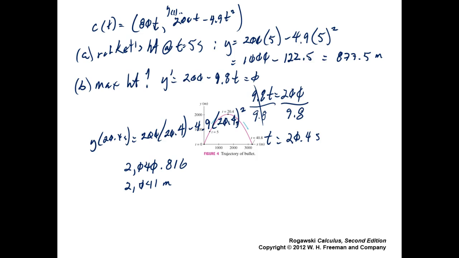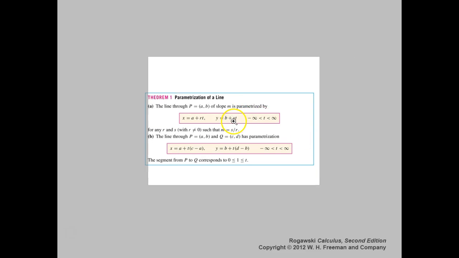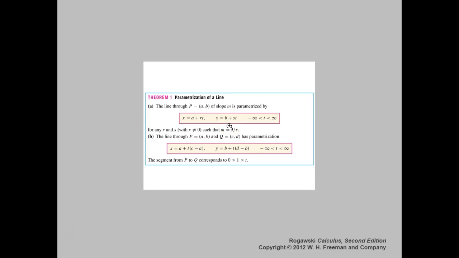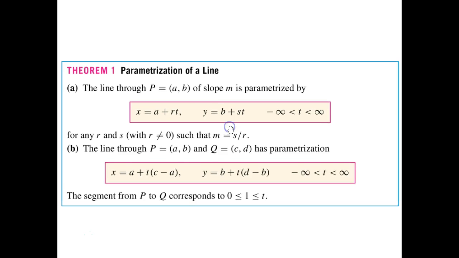Okay, so let's move on to the first theorem, which jumps a brand new rabbit out of the hat here. And this is the parameterization of the line, which is a very nice rabbit to have. So let's see what that gives us. Let's see if we can blow that up a little bit. All right.